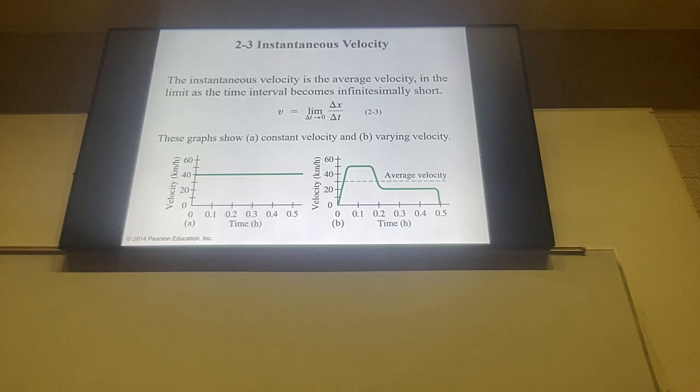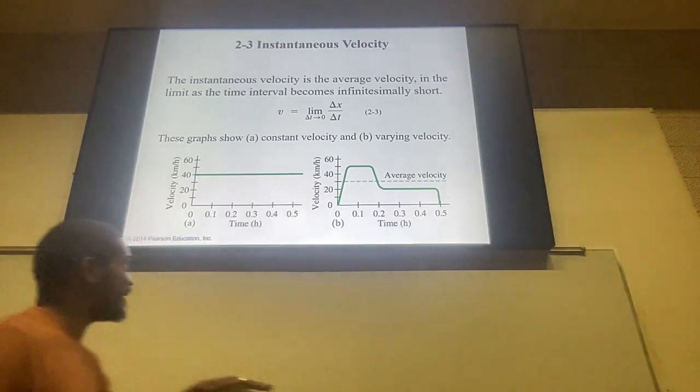So if I look at the cartoon on the left, how fast am I traveling? 40 kilometers per hour, right? And that speed remains what? Constant, because it's a straight, flat line, so it remains constant at 40.